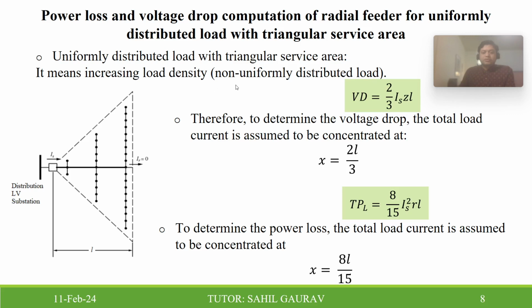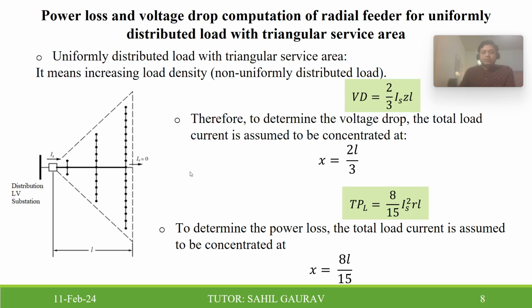Both have the same meaning. If there is a triangular service area and the loads are distributed, the image will come to your mind like this. And if someone says non-uniform distributed load with a linearly increasing load density, that has the same meaning.